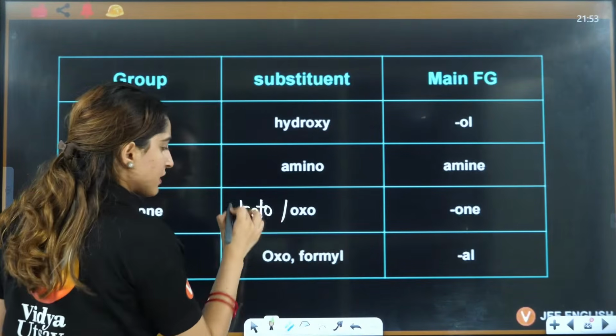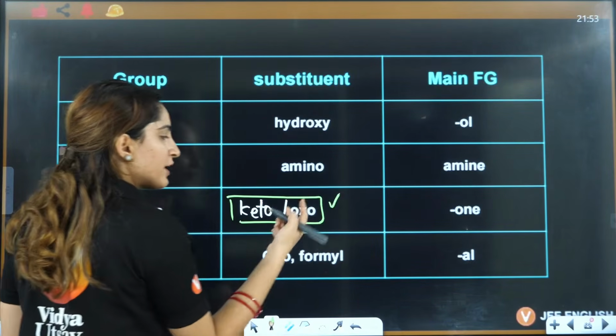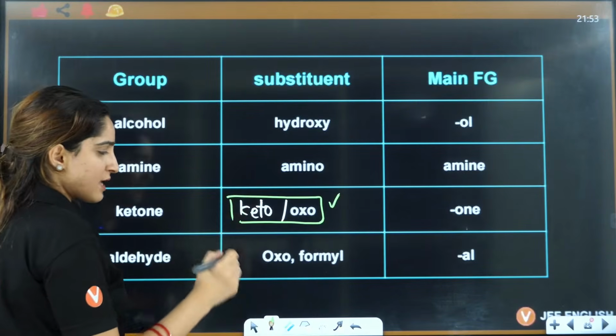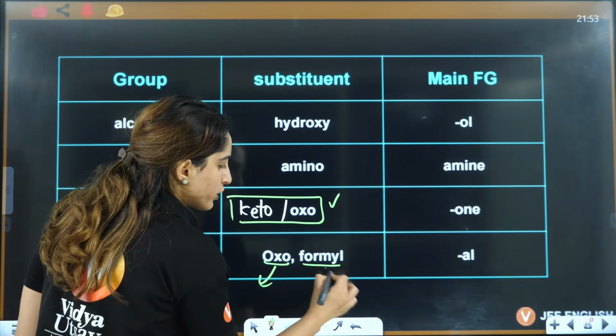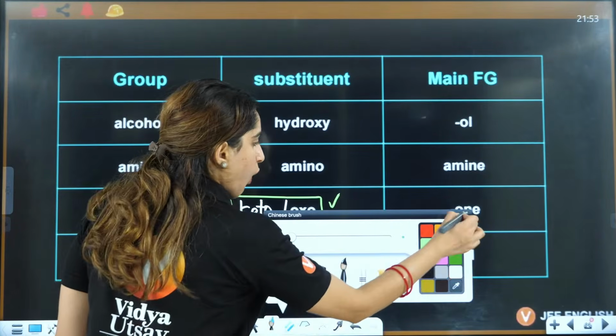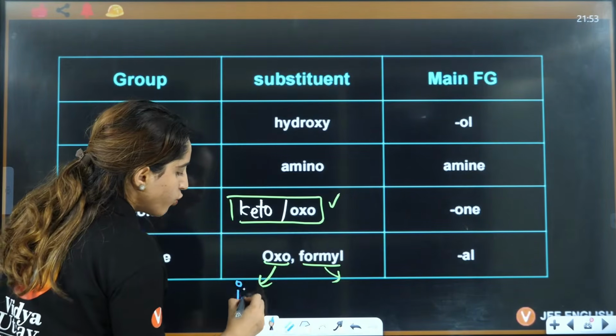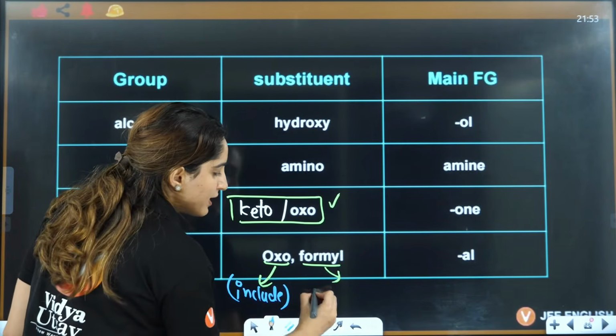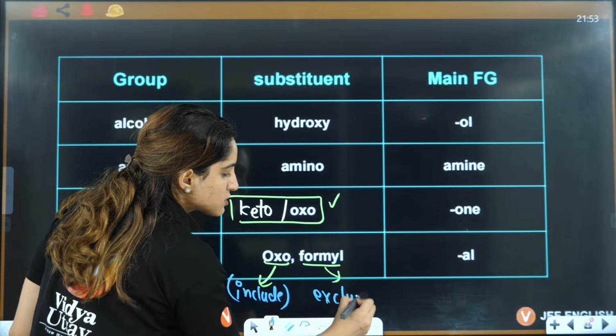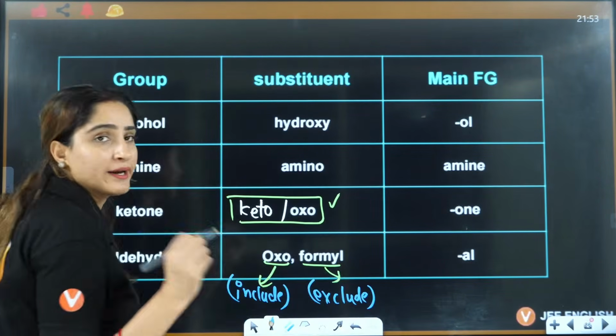They are interchangeable. You can write oxo or keto. But oxo here and formyl here mean two different things. Oxo is used when you include the CHO group in the parent chain. Formyl is used when you exclude the CHO group from the parent chain.